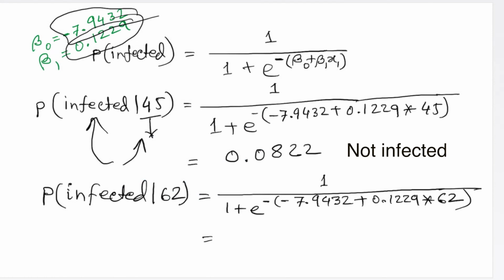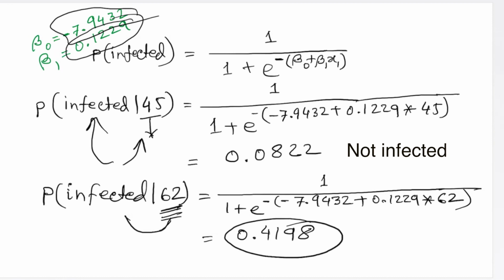After pressing the buttons of a calculator, we find that this is 0.4198. This indicates that if a person comes with a factor of 62 in the bloodstream, the probability that the person is infected is 0.4198. If our threshold is 0.5, this number 0.4198 is below the threshold. As a result, we declare that this person is not infected.